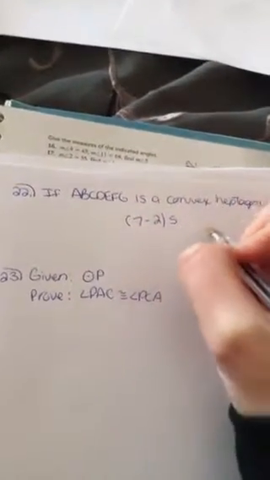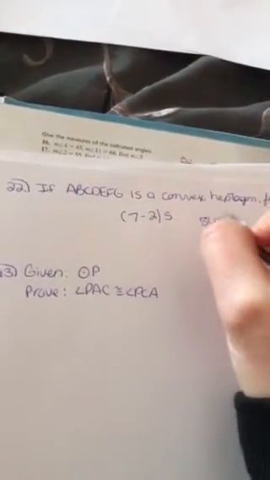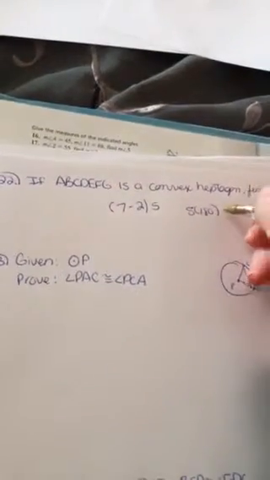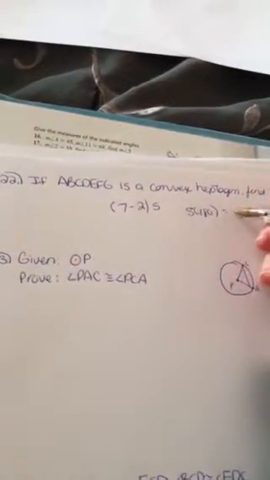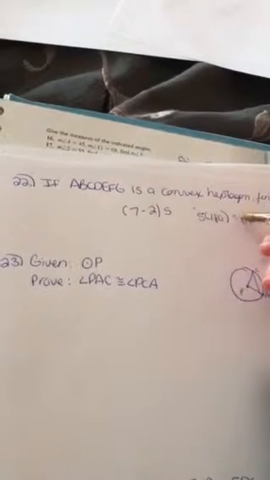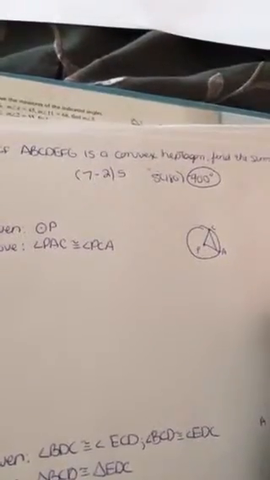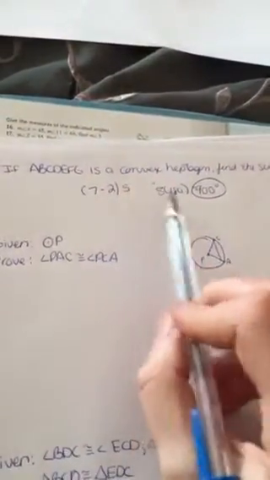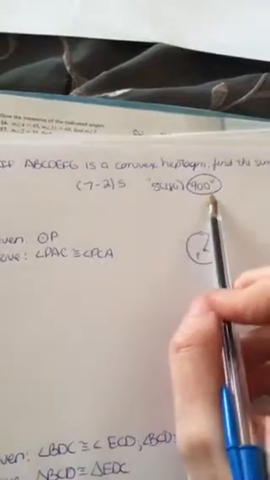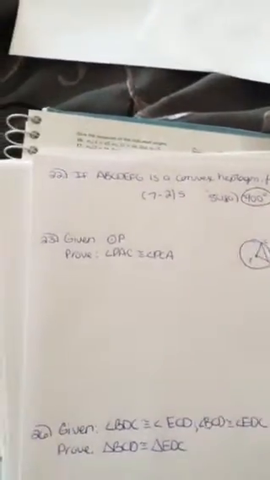So there's 5 triangles. 5 times 180. So 5 times 0 is 0. 5 times 8 is 40. Carry the 4, so that's 900 degrees. The sum of all the angles would be 900 degrees. Because we figured out how many triangles, multiplied it by 180, 900 degrees.